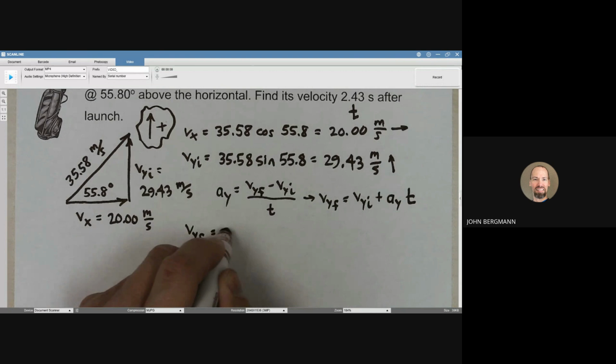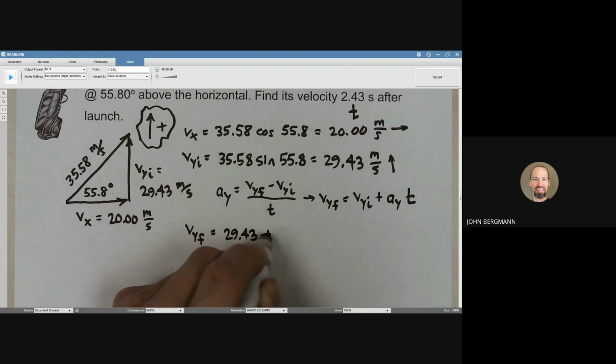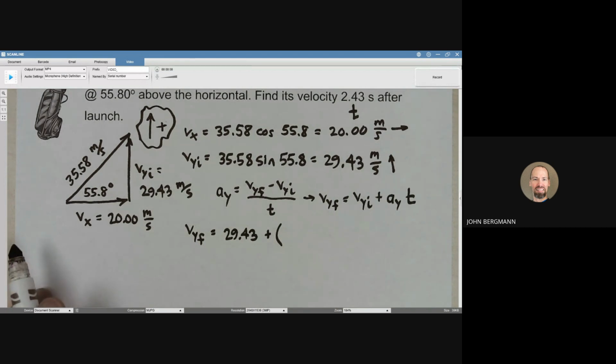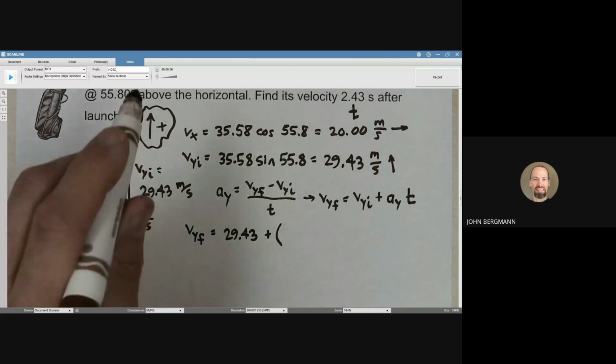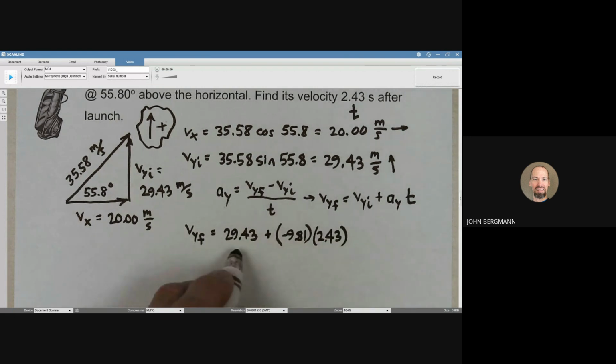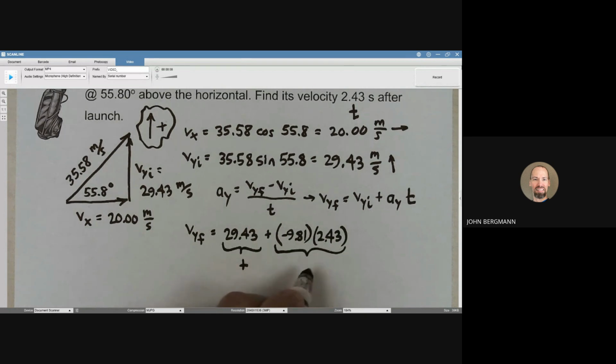Vy initial is positive 29.43, and here again, we have to be really careful because the acceleration, as we've defined it, points in the negative direction, therefore it's negative. This quantity here is a positive number, that quantity there is a negative number.